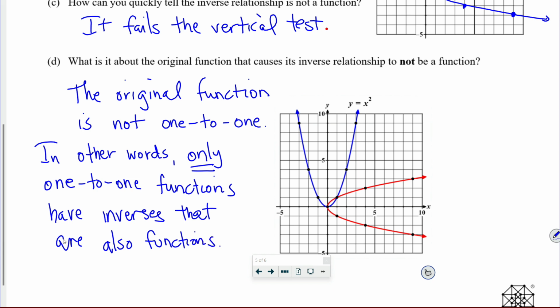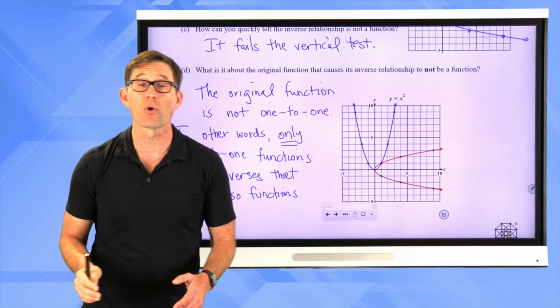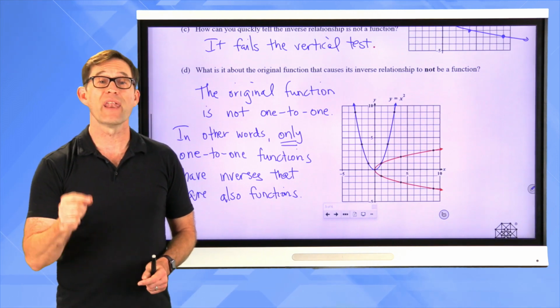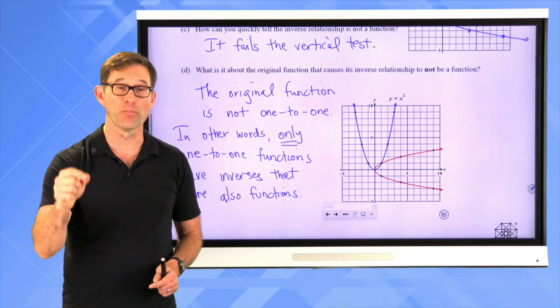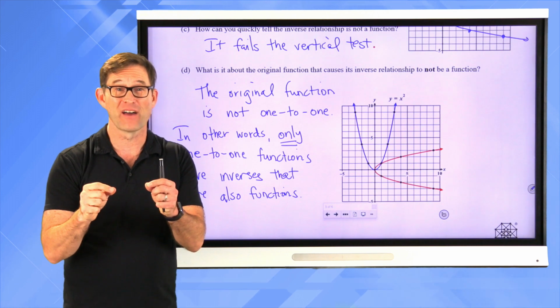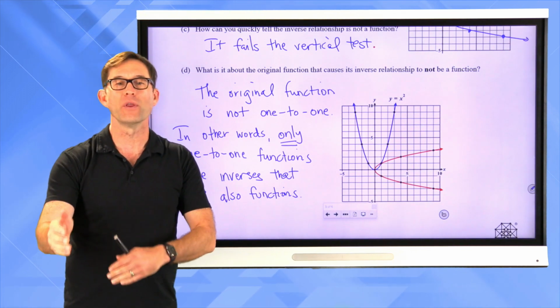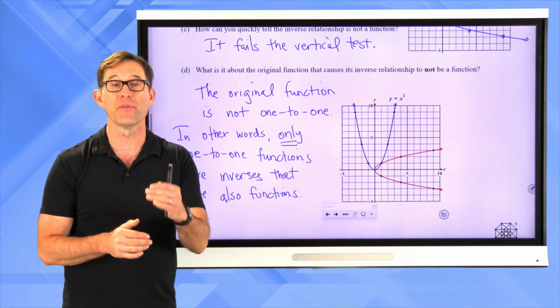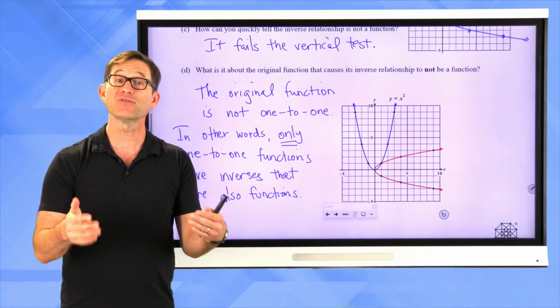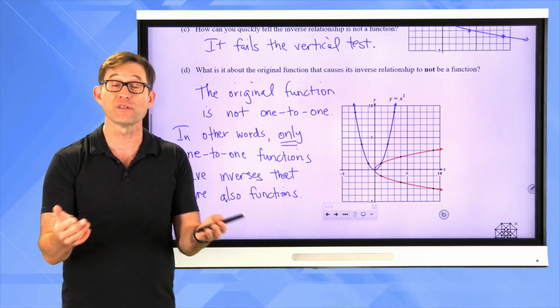Now, of course, this relies on you knowing what a one-to-one function is, but remember, one-to-one functions are functions that have no repeated outputs. Now, if you think about that, right, if you've got a one-to-one function that has no repeated outputs, when you find its inverse relationship, that will be then a relationship that has no repeated inputs and therefore is a function.